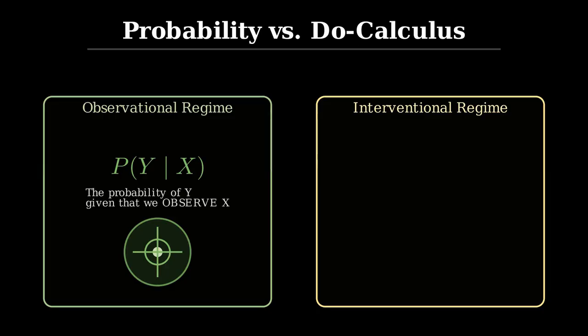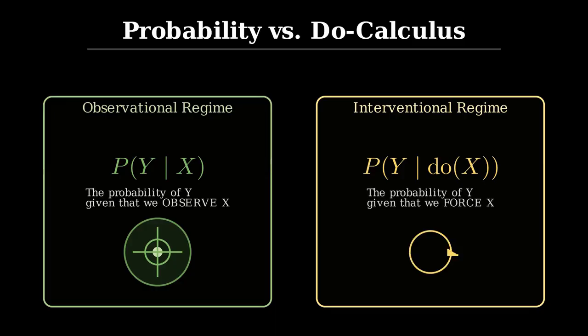It is the domain of pure observation, acting like a motionless camera recording data as it flows from nature. On the right, do calculus introduces the explicit do operator. This instructs us to alter reality by forcing variable x to a fixed value. It models a physical action that disrupts the natural system.